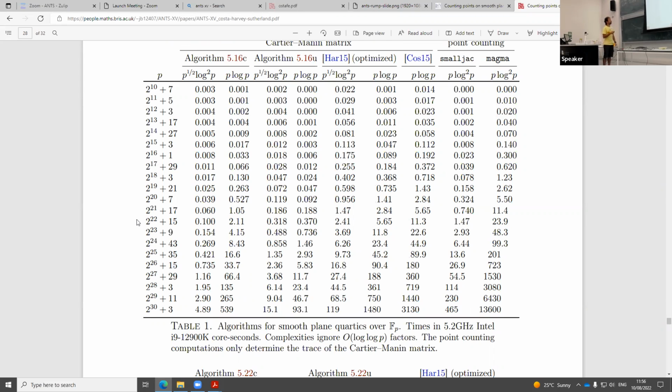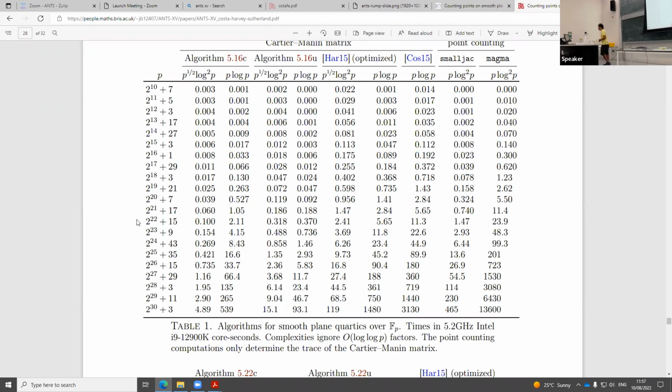But what I want you to notice is that each one of us had a version which was quasi-linear. You can look at the Harvey implementation, P log P. You can look at Costa's implementation, P log P. You can look at Smalljac, which is also basically true. And the key part here is that Sutherland plus Costa plus Harvey are much better together, because any of these algorithms beats all the others before. So that's the point we want to make.